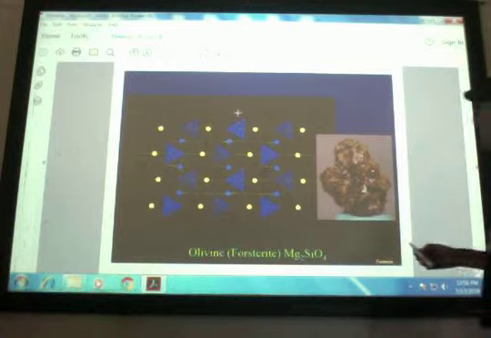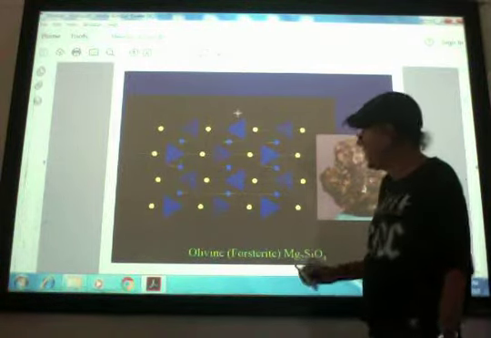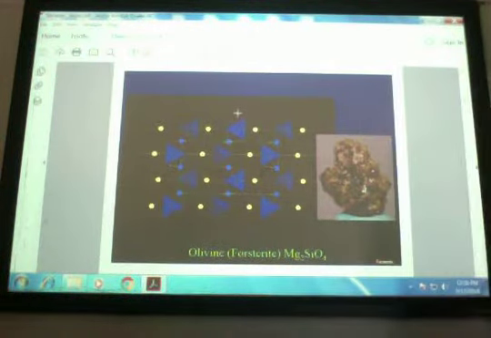Now we are making a fayalite out of our forsterite. That is another end member. What can you do now?